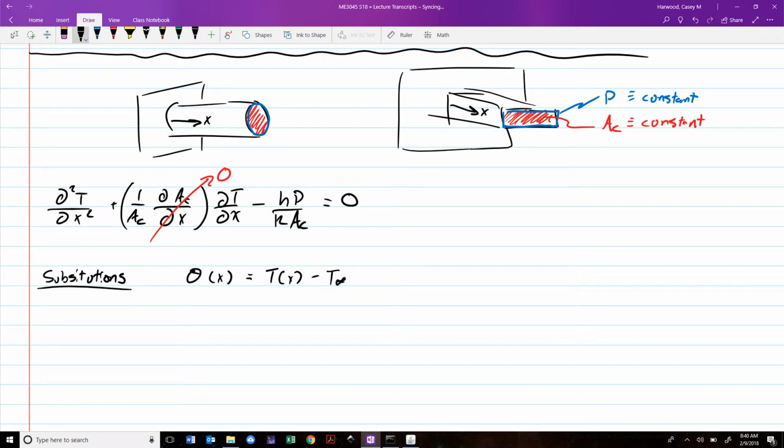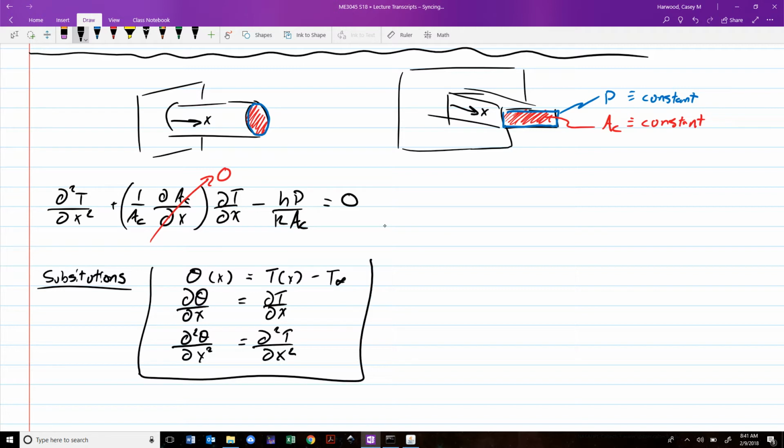We're assuming that T infinity is constant, that the surrounding air is at uniform temperature, which means that d theta/dx turns into dT/dx, and the second derivative of theta with respect to x is d squared T/dx squared. So that was substitution number 1.